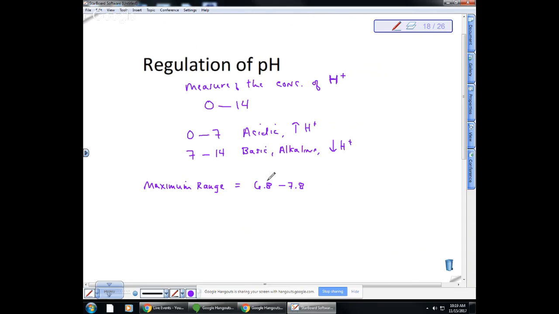So if your body fluids get above 7.8 or below 6.8, you will die, okay? So there's a range here, and usually the normal range is between 7.35 to 7.45. So that is actually a little bit basic.